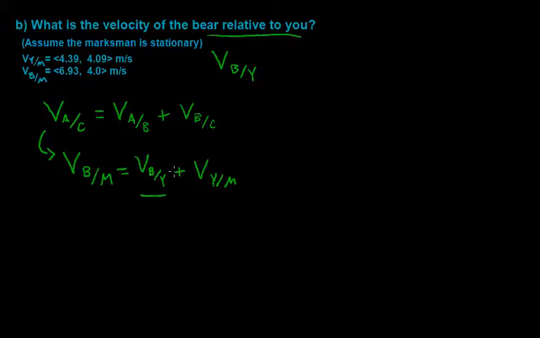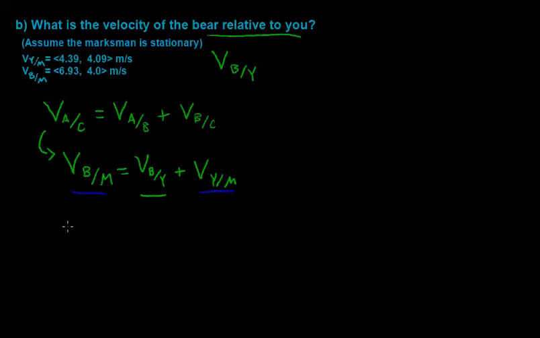And that won't be a problem at all because this is really just an addition problem. So we just plug in our known values. We know the velocity of the bear relative to the marksman, and we know the velocity of you relative to the marksman.